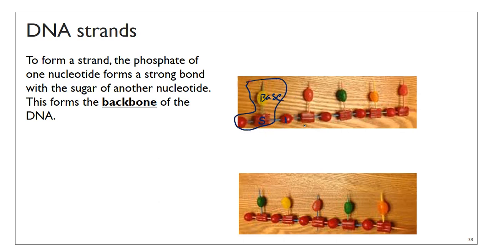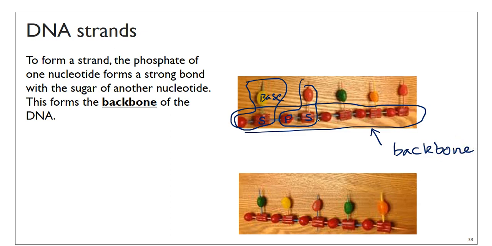The sugar of one nucleotide is going to bond with the phosphate of another nucleotide, and that creates the backbone, if you will. So this bit is the backbone. This creates the backbone of the ladder. This is also called the DNA backbone.